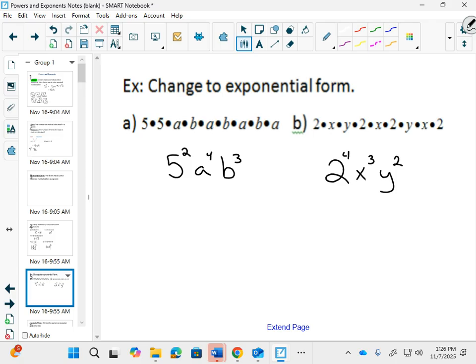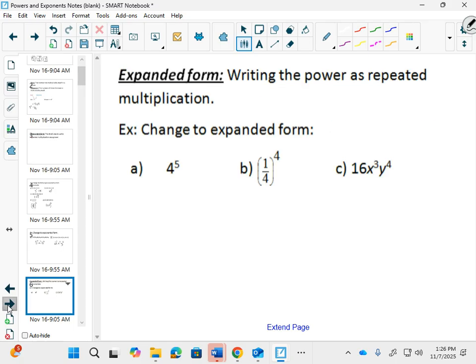But sometimes when we're actually figuring things out, it's nice to have the expanded form to get us thinking, what could this be equal to? 4 to the exponent 5, in expanded form, means 4 times 4 times 4 times 4 times 4.